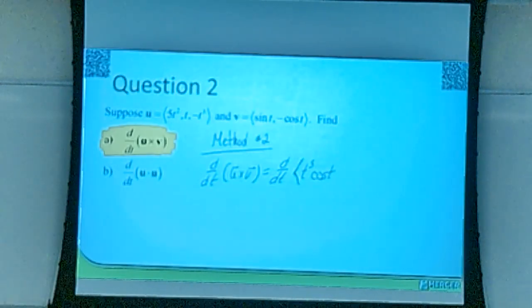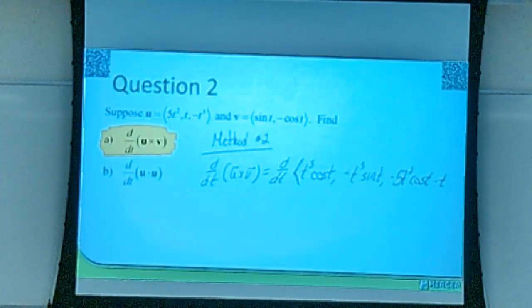First component should be t cubed cosine of t, right? Second component, negative t cubed sine of t. And the third component, I'm out of room.